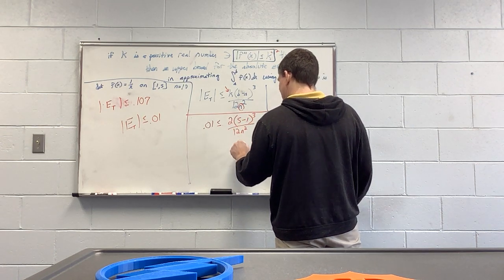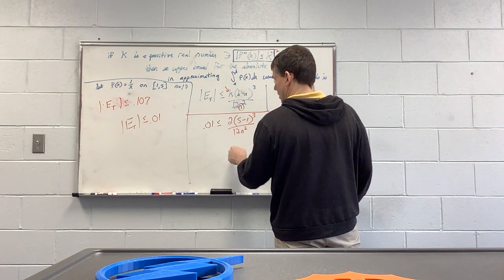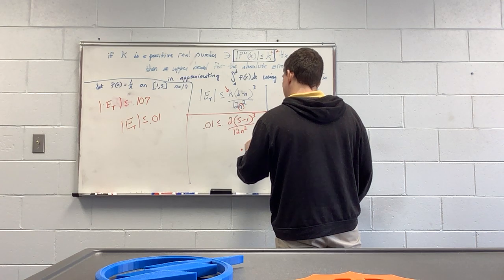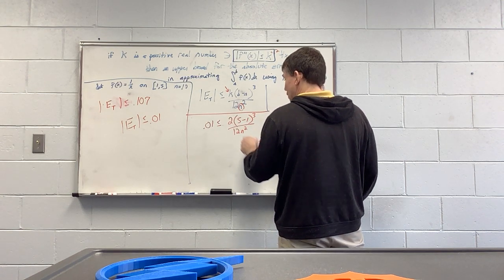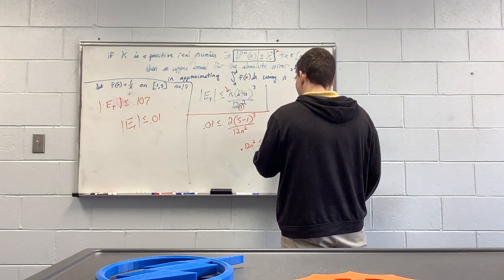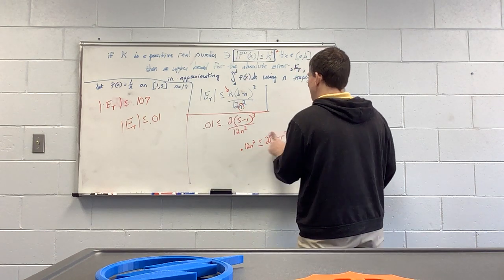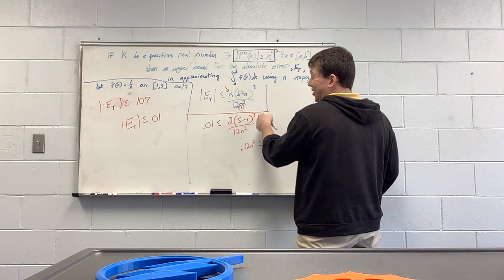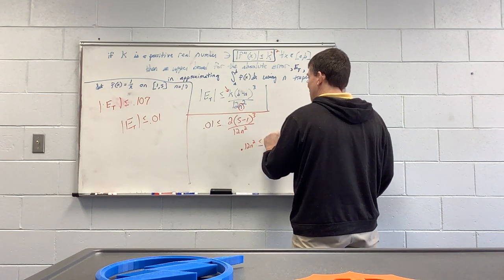which will be 0.12 n squared is less than or equal to 2 times 5 minus 1. I'm sorry, we'll just solve this all out. Make it easier. 5 minus 1 is 4 cubed, which is 64 times 2, which is 128.